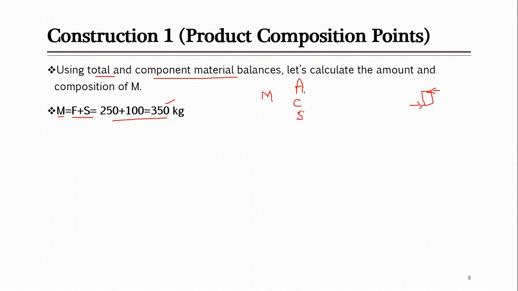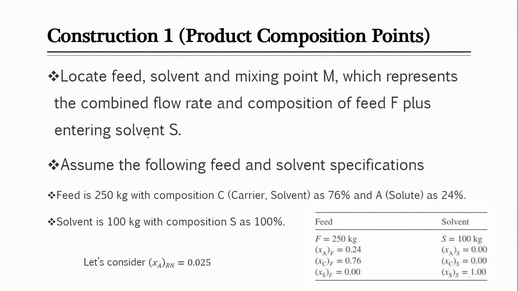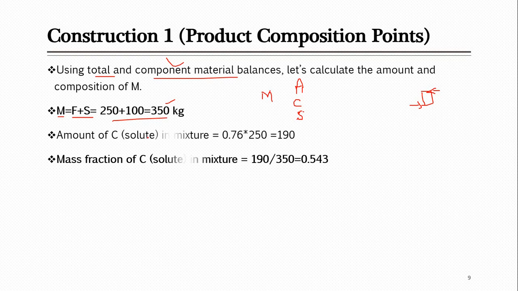We have to find the fraction or composition of all these, and they can be found again by applying component material balances. Suppose you have to apply the component material balance on C, that was not solute actually, C was our carrier. So here is a mistake, I will correct it in the slide, so kindly make it like this: this is carrier, not solute, this is carrier.